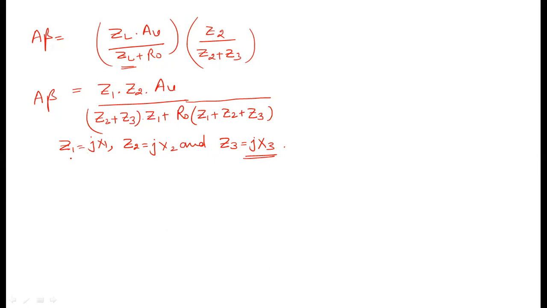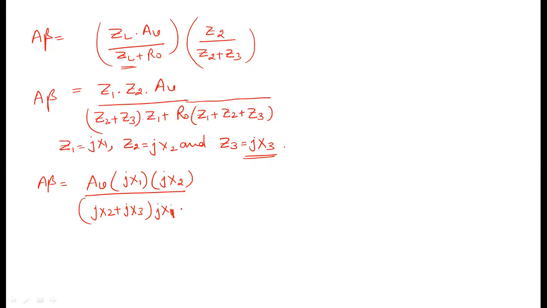Okay, now putting the values of Z1, Z2 and Z3 in this expression, we have A beta is equal to AV into JX1 into JX2 divided by JX2 plus JX3 into JX1 plus R naught into JX1 plus JX2 plus JX3.